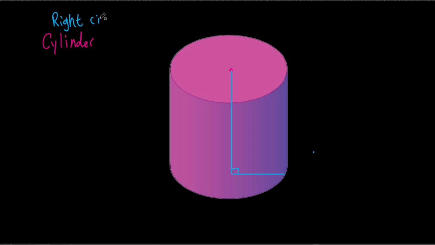Right? Circular. If I put a little line right here with the box, you would need to say right, and then this is a circle, so you would say right circular cylinder instead of just saying cylinder, okay? All right, let's do another one, another cylinder, but this time it's kind of slanted.